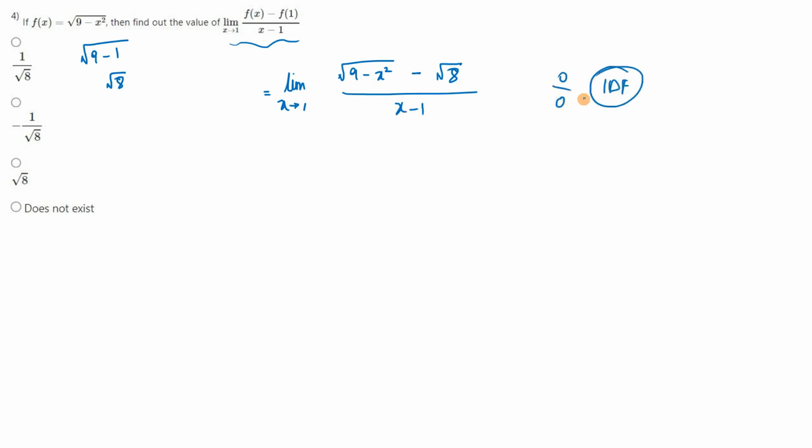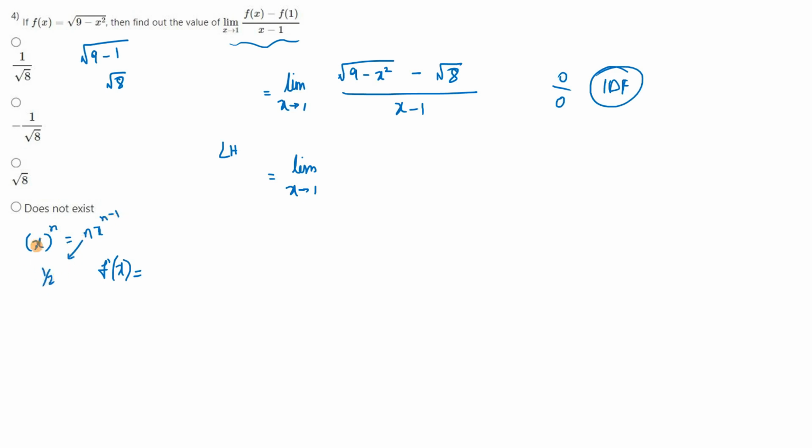If we have this form, directly apply L'Hospital's rule. If we apply L'Hospital's rule, we'll have limit x tends to 1, differentiation of the numerator, that is f dash of x. f dash of x is given by, this is in the form x to the power n, that is n x to the power n minus 1. Here n is 1 by 2.